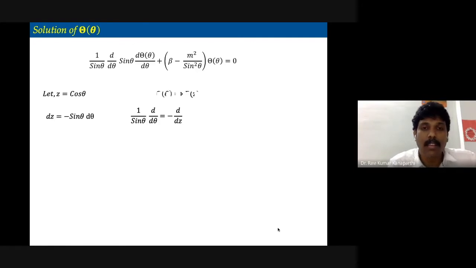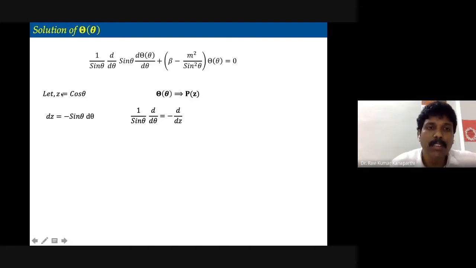When you make this substitution, naturally the theta of theta in the original expression will transform to another function, which is a function of z. When you make a substitution in any equation, that equation will transform to a new equation which is a function of that particular substitution.